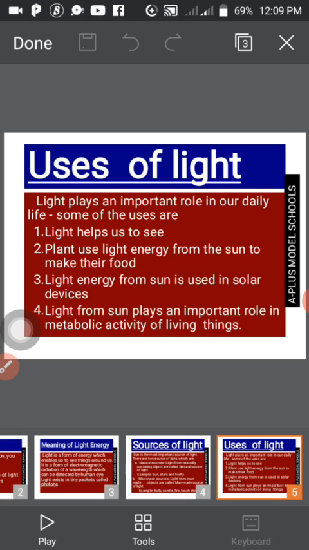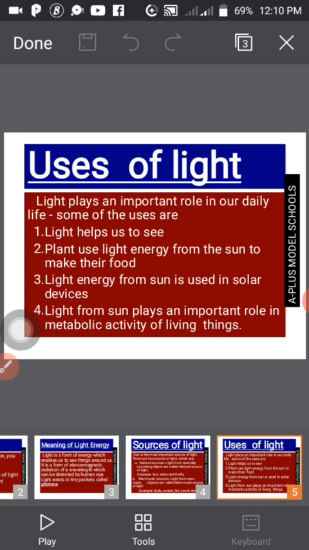If there is no light, there is no way we will be able to see things. When the light is dim, we can't see things, but it is when there is light that we can see things clearly.